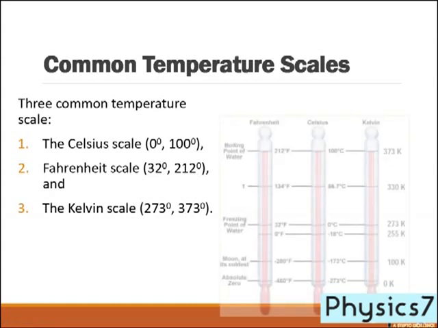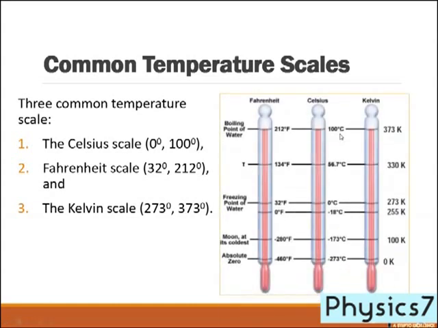What you would do now, if you look at the diagram, is put these all side by side. The upper fixed point for the Celsius thermometer, which is 100 degrees Celsius, corresponds to the upper fixed point of 373 Kelvin for the Kelvin thermometer and 212 degrees Fahrenheit for the Fahrenheit thermometer.